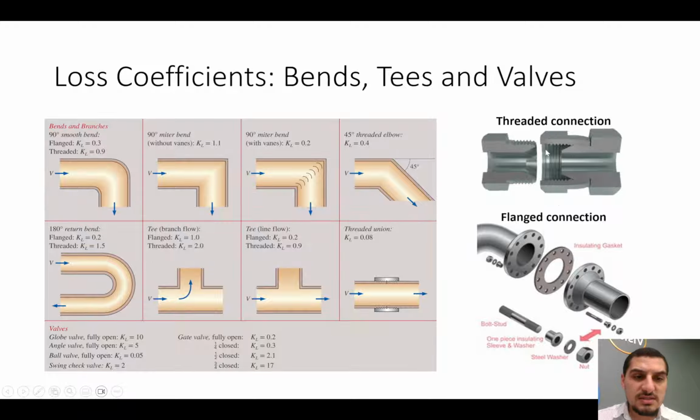We also have here an O-ring, which is a rubber ring put here to prevent any leakage. You can see the connection is all happening outside, so the inner part is only slightly affected by this connection compared to the threaded connections. That's why the loss coefficient for the flanged connections is always less than that of the threaded connections.